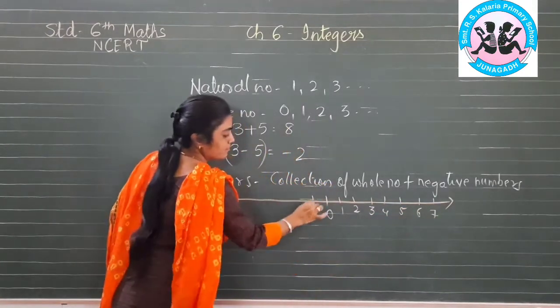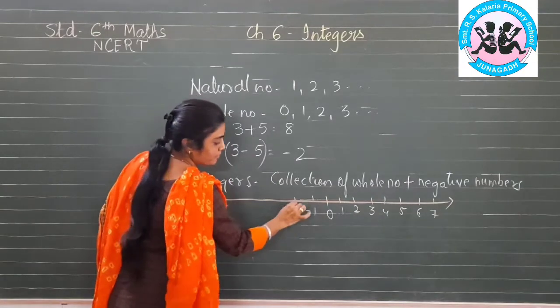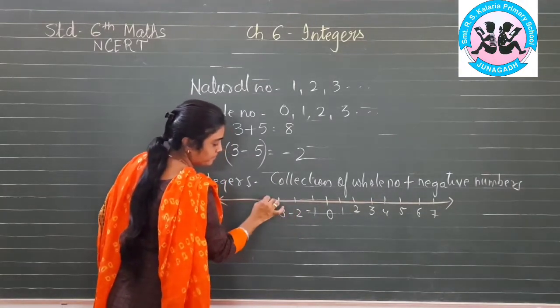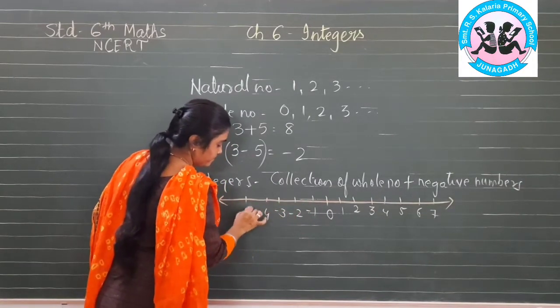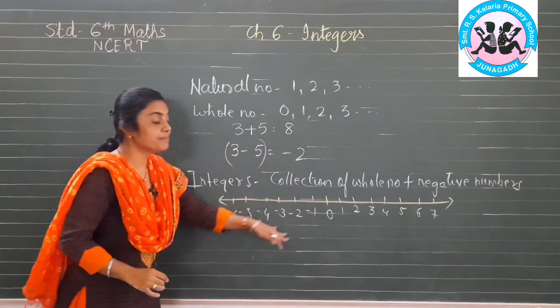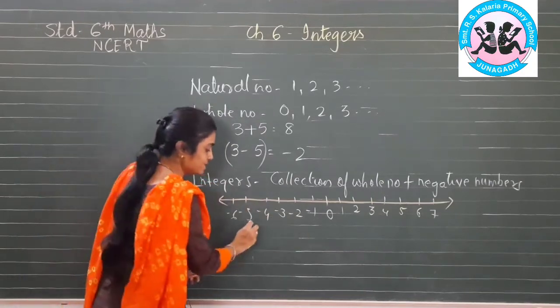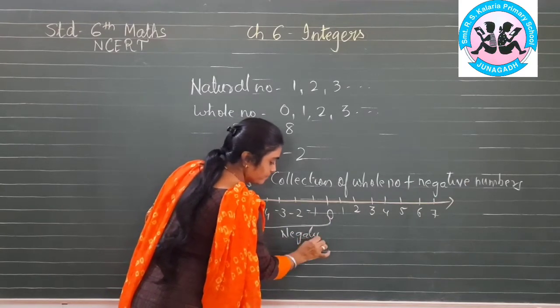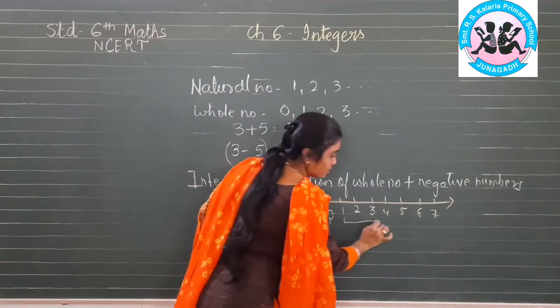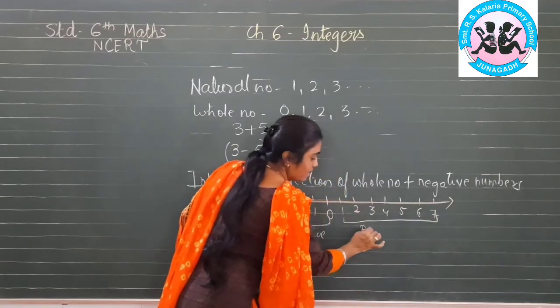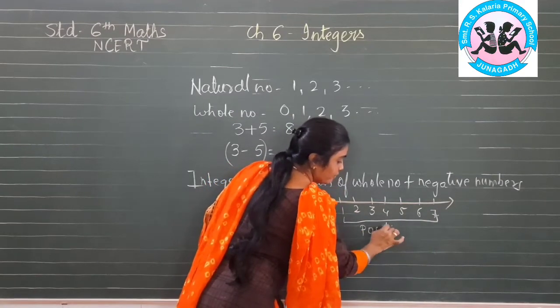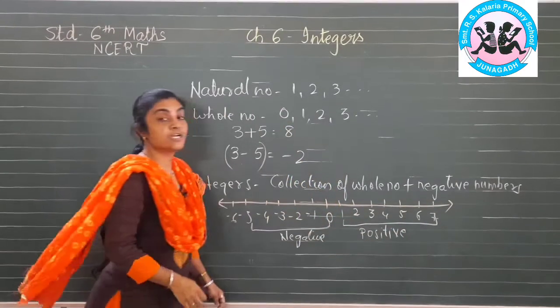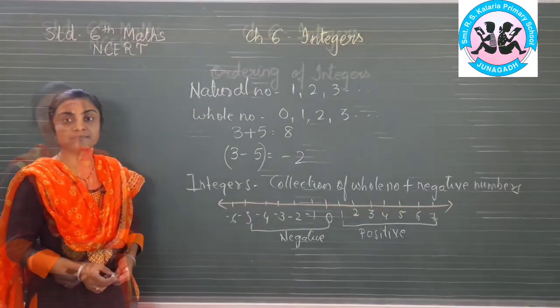And the numbers which are on the left side of 0, all these numbers will be negative. So these numbers will be negative integers, and these numbers which are on the right side of 0, all these numbers will be included in positive integers. So this was about integers.